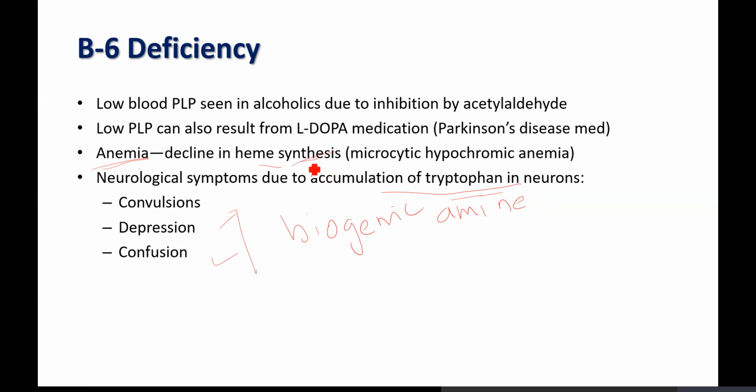The synthesis of the niacin coenzymes, that is NAD plus and NADP plus, from tryptophan is impaired in this case. When the synthesis of niacin coenzyme is impaired, xanthurenic acid is produced in high quantity, and this xanthurenic acid is excreted in the urine, which serves as an index for measuring the deficiency.